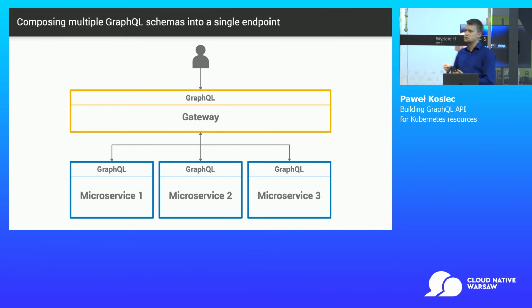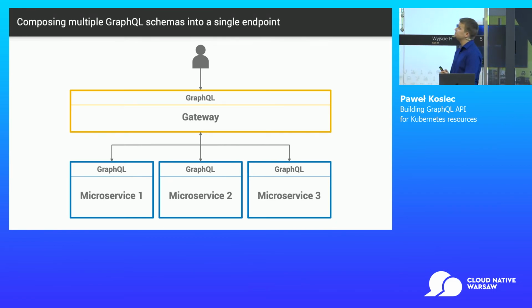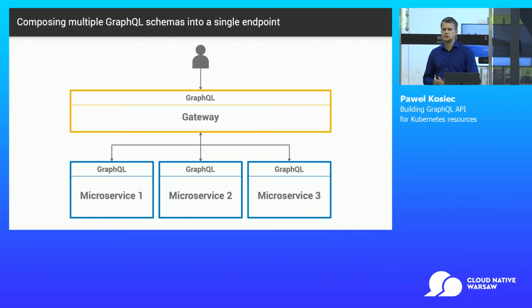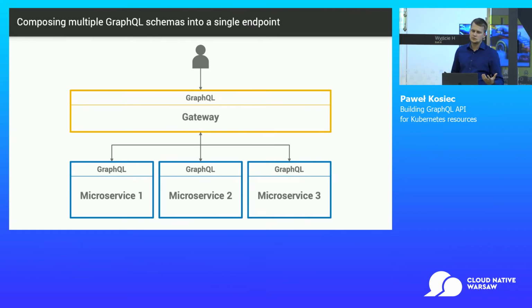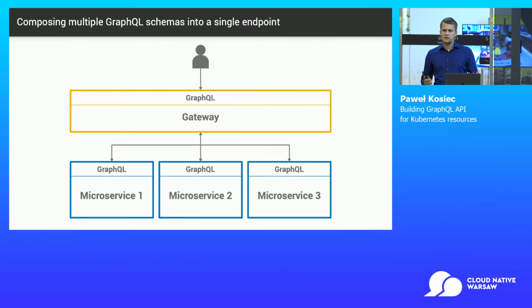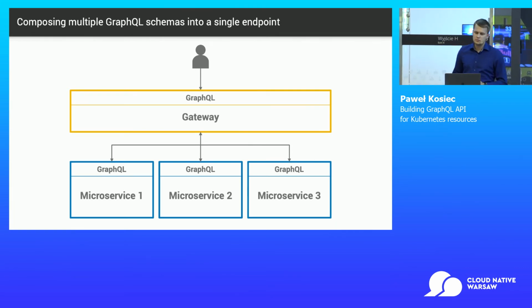So how would it look? We could have a GraphQL Gateway, which exposes a single GraphQL endpoint, and the gateway could aggregate the GraphQL schemas from multiple GraphQL microservices, right?